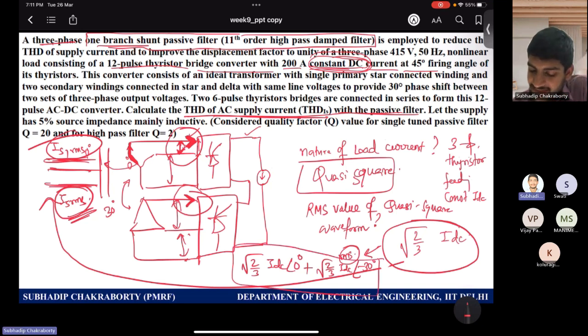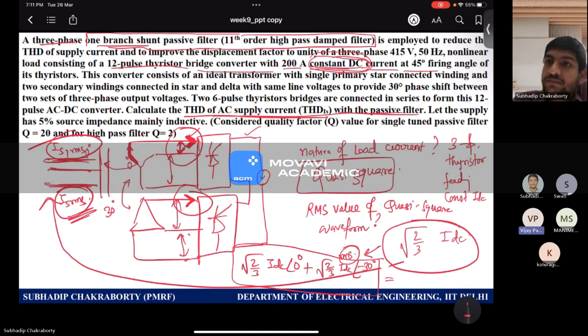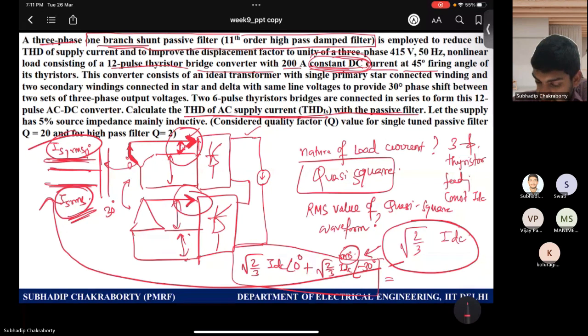So you sum them. What are you getting? Someone just use a scientific calculator.